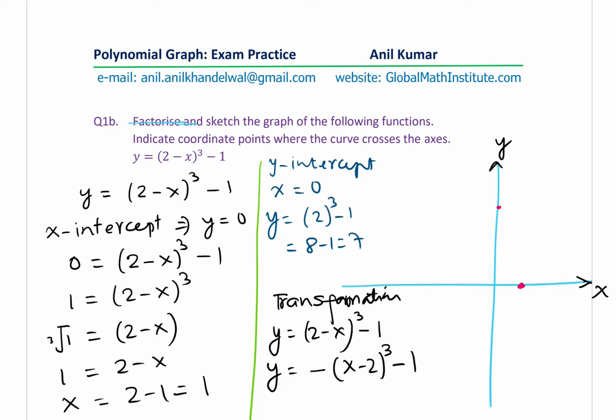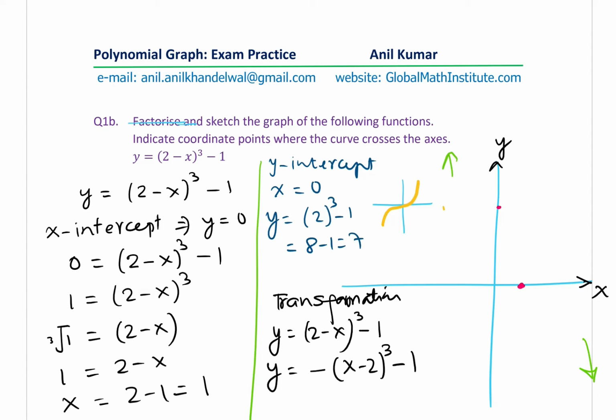Let's think about the transformations. Let me make a small sketch here to show you that normally the graph of a cubic function looks like this. Now it is reflected, so it is going to start from this side. So the behavior is that it is going from quadrant 2 to quadrant 4, correct?